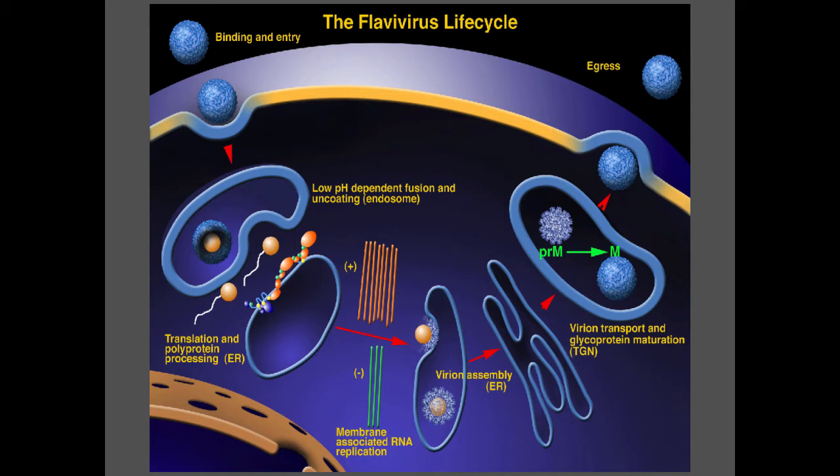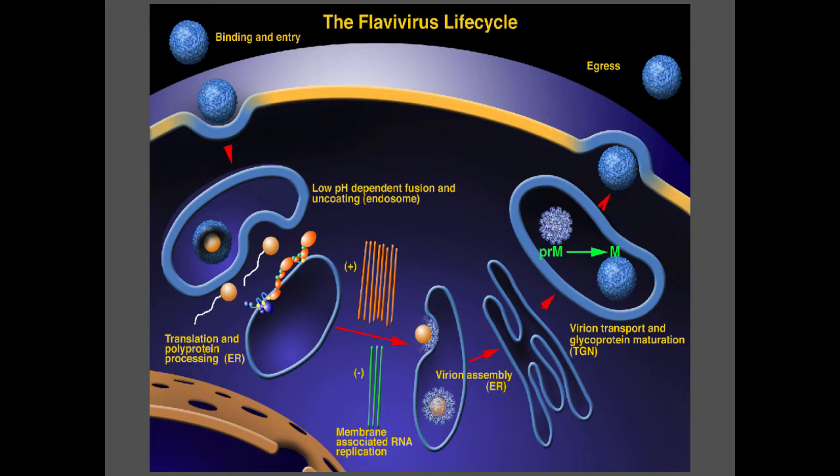And those proteins include proteins that are required for replicating the viral RNA, so you make complementary or negative strands to the genomic RNA. Then you make more positive strands of the genomic RNA, and these positive strands are packaged with the capsid back into the ER, and then these viruses are released.